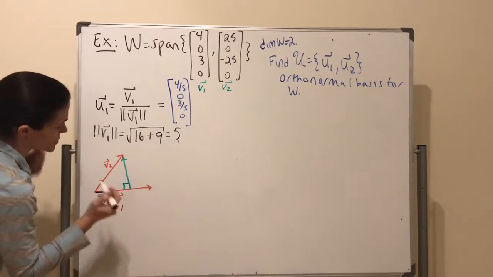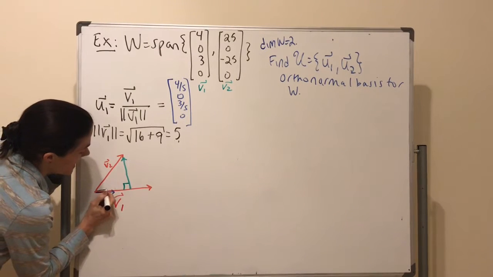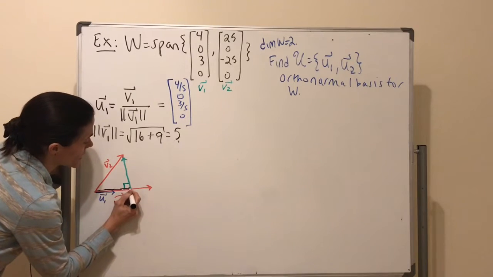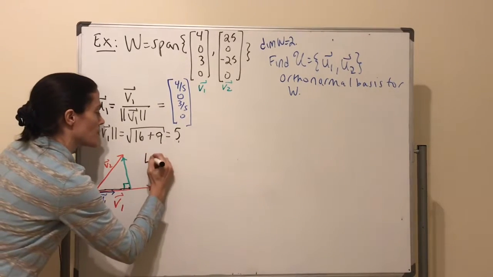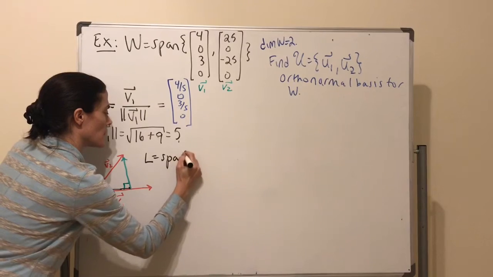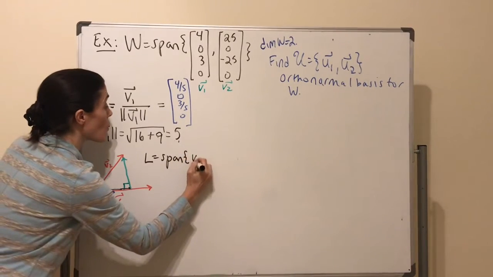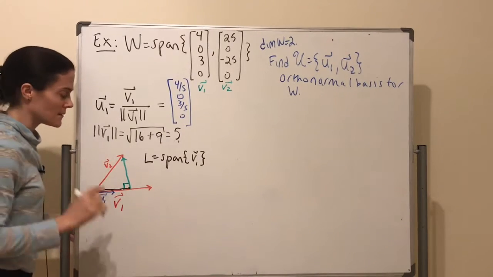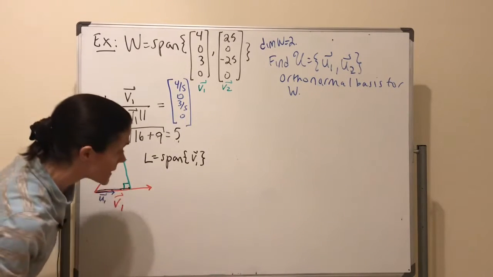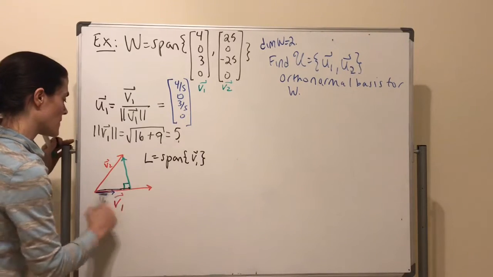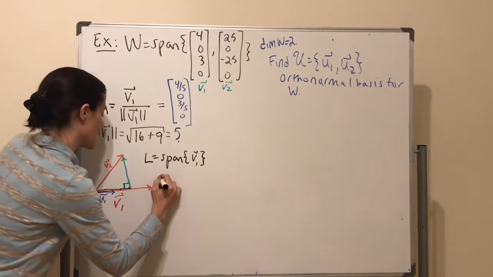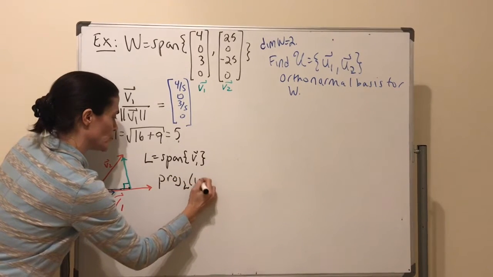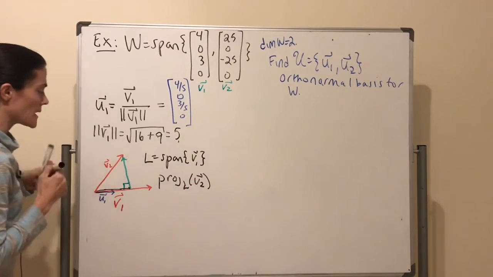I have enough colors to show the different ones. The black vector is the projection of V2 onto the line. So for example, L is the span of V1, or I could just as well have said L is the span of U1 because they are both along the line. It's fine like this. And this black vector is the projection of V2.